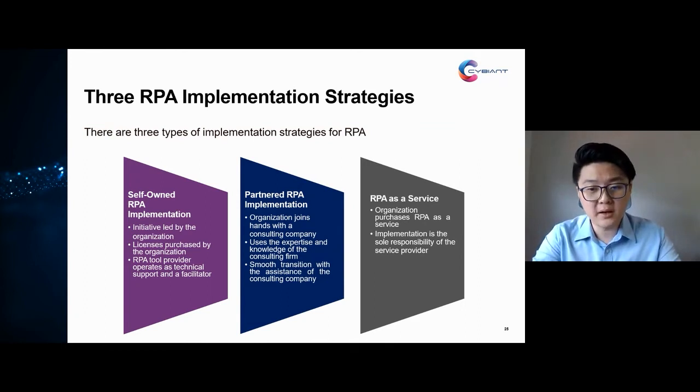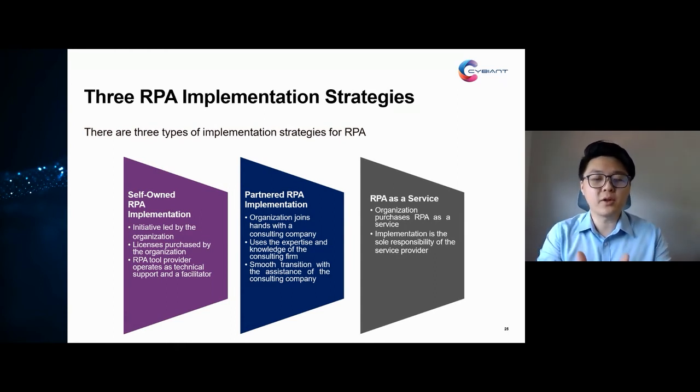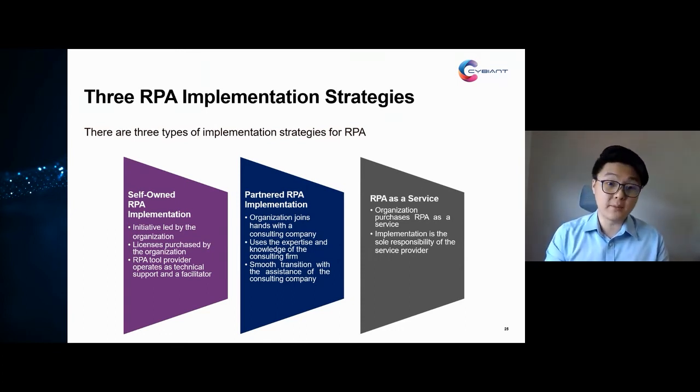And the RPA tool provider operates as technical support or a facilitator, and these services are optional depending upon the contractual agreement with the provider. In a simple way, in this model, the organization basically gets everything by themselves and deploys the RPA by themselves.